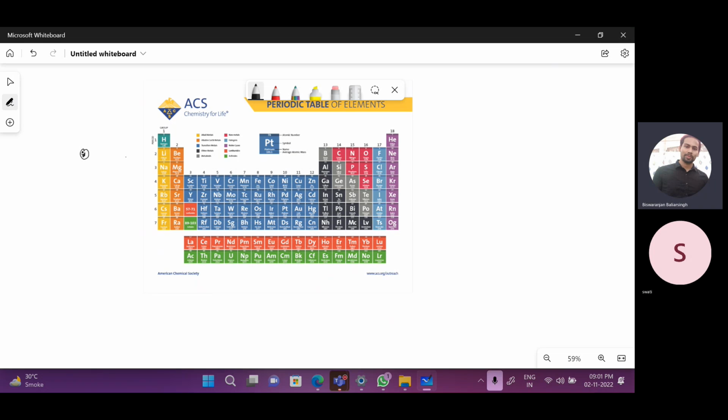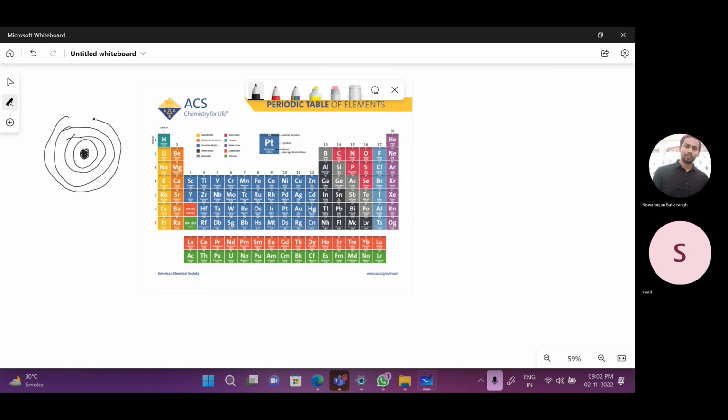You can consider this first as a nucleus. According to Hund's rule, there are various types of shells around the nucleus in which electrons are present. These shells are named K, L, M, N, which are the principal quantum numbers 1, 2, 3, 4.